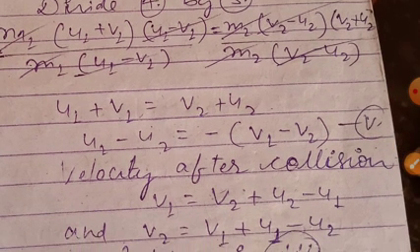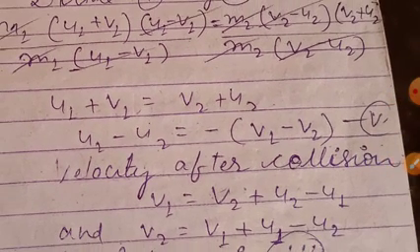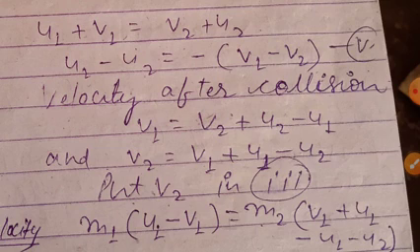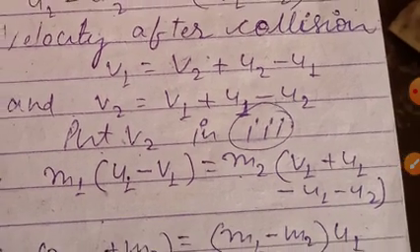Now taking the initial velocities on the left, u1 minus u2 is equal to minus (v1 minus v2). Now the velocities after collision: v1 is equal to v2 plus u2 minus u1, and v2 is equal to v1 plus u1 minus u2.